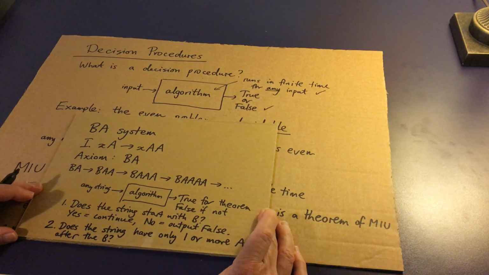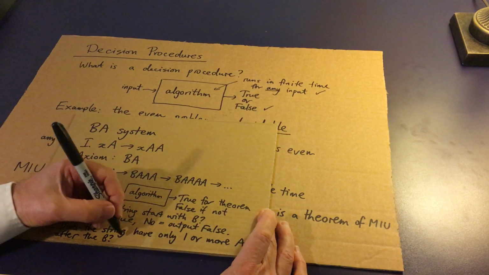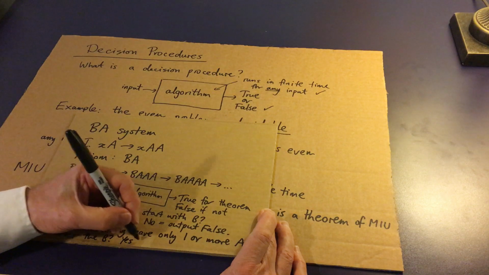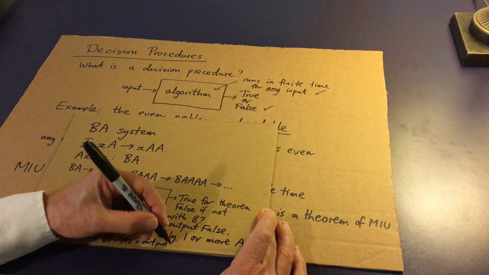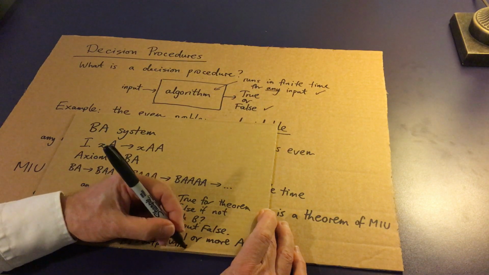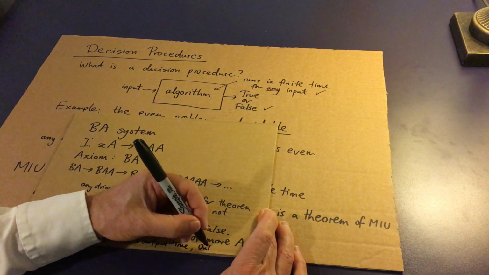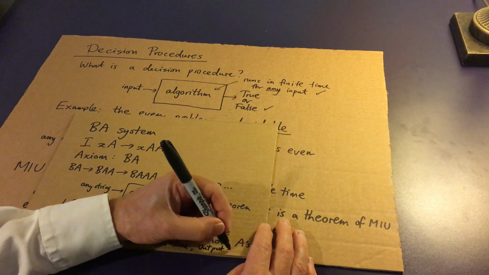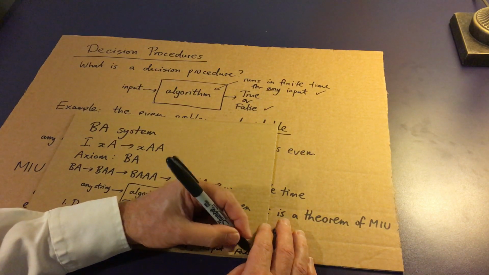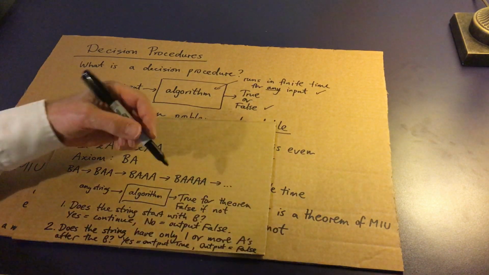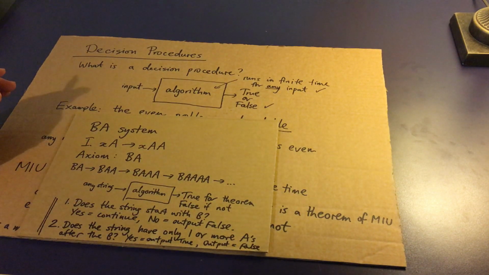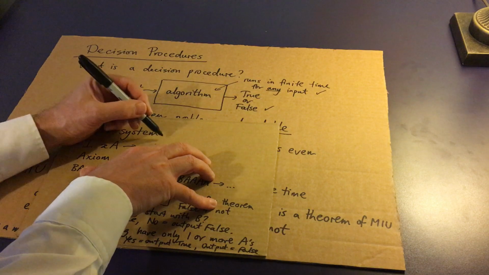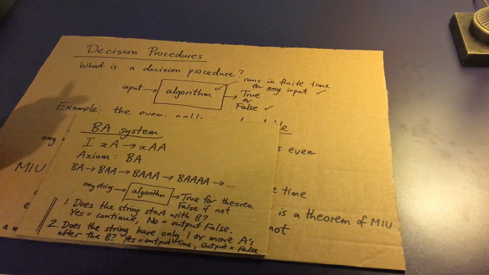Should have used a bit bigger piece of cardboard. If yes, then output true. Otherwise, output false. So there, this little bit here, that is the decision procedure for this system, the BA system.